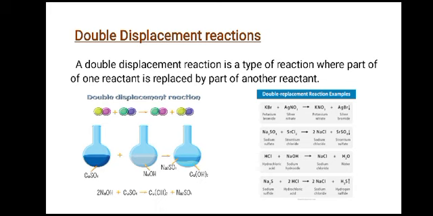Similarly, when copper sulfate is treated with ferrous sulfate, the ferrous sulfate and copper sulfate exchange their metal and show double displacement reaction. Here are some examples: KBr when treated with silver nitrate, then sodium sulfate treated with strontium chloride and hydrochloric acid, and then sodium sulfide.